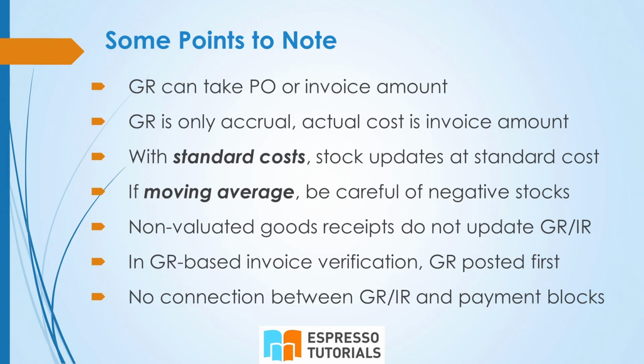If the stock is valuated at moving average price, you may get odd fluctuations if the postings are not made in a timely manner. Imagine a purchase order for 10 materials at $5 each. There's currently no stock, so when the goods receipt is posted, the stock is updated at $5, and therefore the total stock is $50.